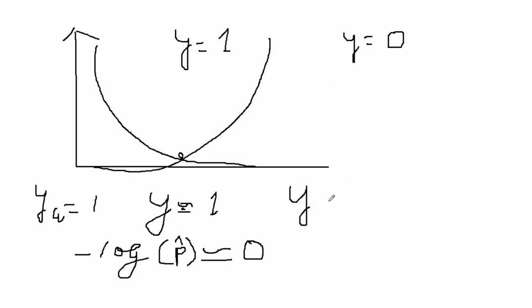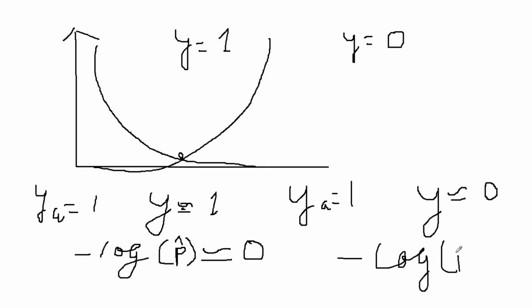Now if y actual is 1 and y predicted is somewhere close to 0, that means 0.01 or 0.02, so that's a misclassification, right? So minus log p in this case will shoot up. It will be very large. That means it's going to penalize the model for an incorrect classification.